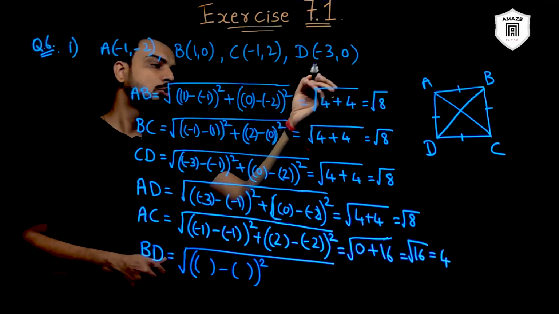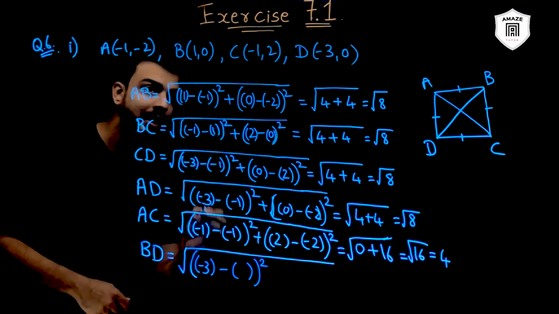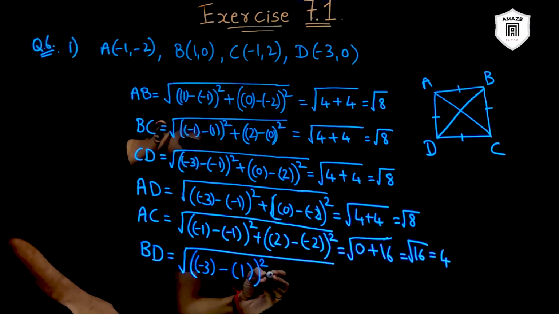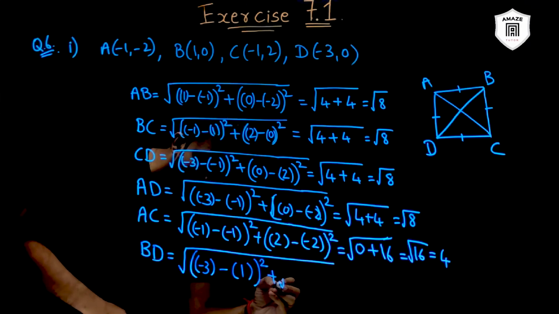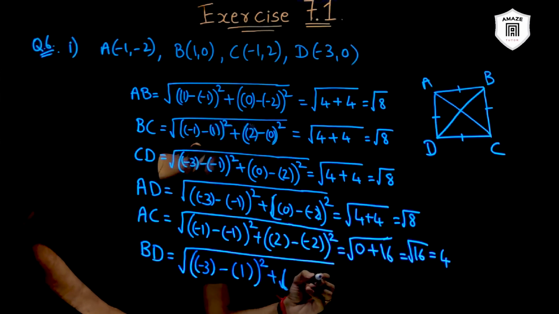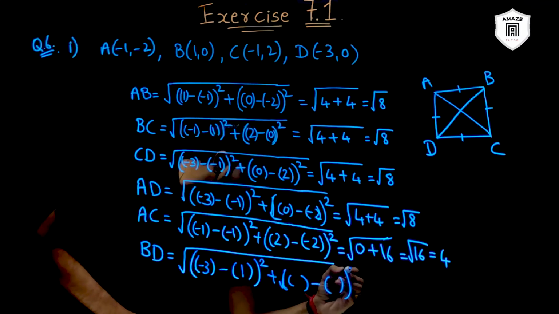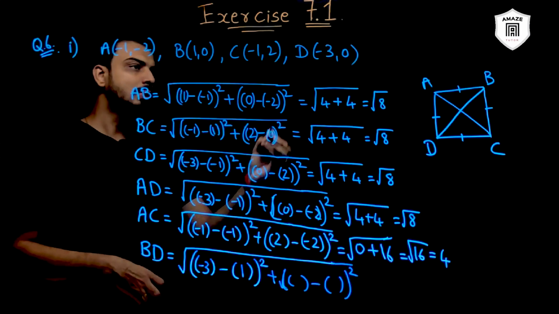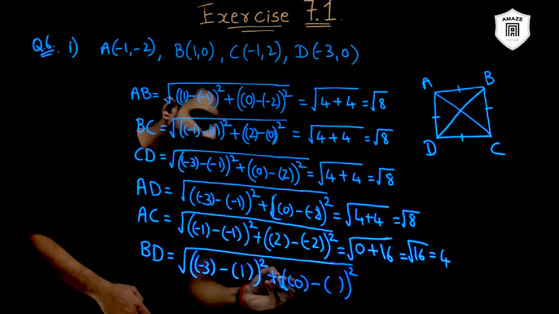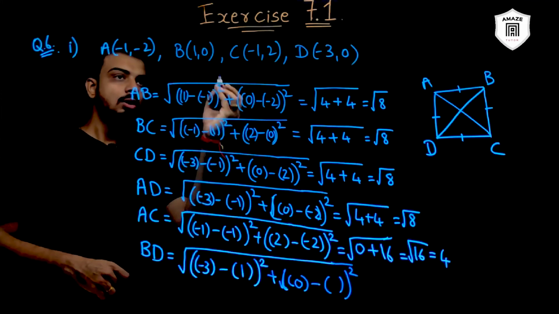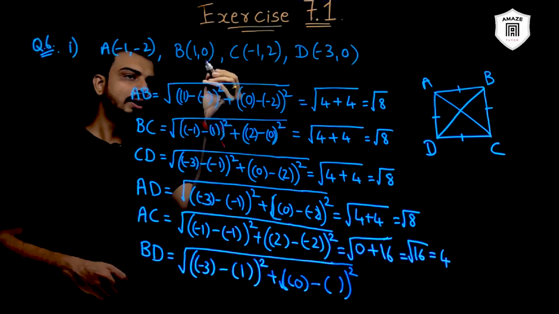So what is x2? Minus 3. And what is x1? 1. Plus y2 minus y1 the whole square. What is y2 here? 0. And what is y1? 0.